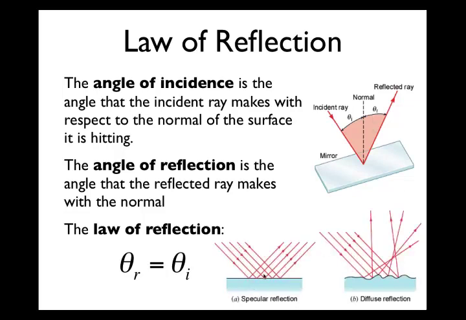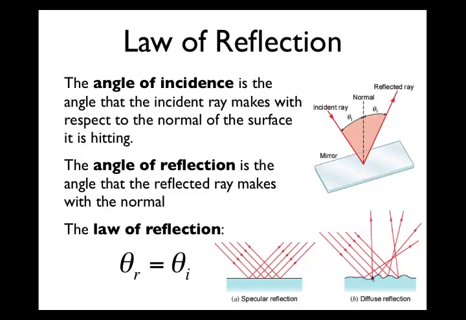So if we send in a bunch of parallel rays of light to a perfectly flat surface, they'll all bounce off at the same angle as each other, and they'll remain parallel to each other on the other side. And this is specular reflection. If, however, you have a bumpy surface, and it doesn't need to be visibly bumpy per se, but if you were looking on the microscopic level, the surface would look bumpy, then the rays of light that come in parallel to one another all get reflected.